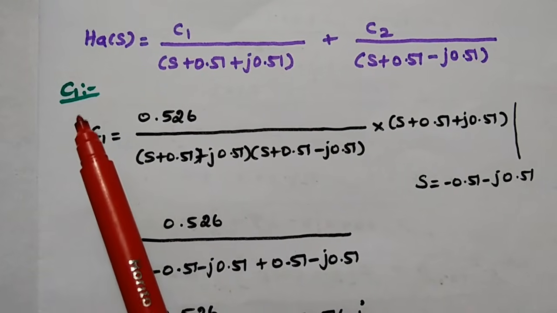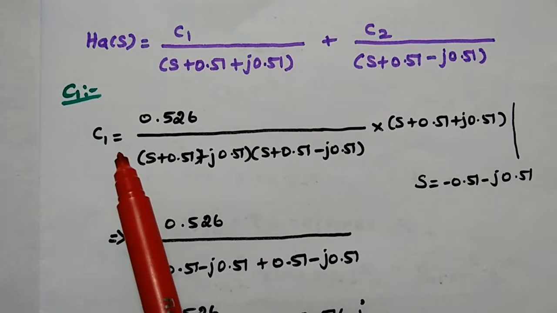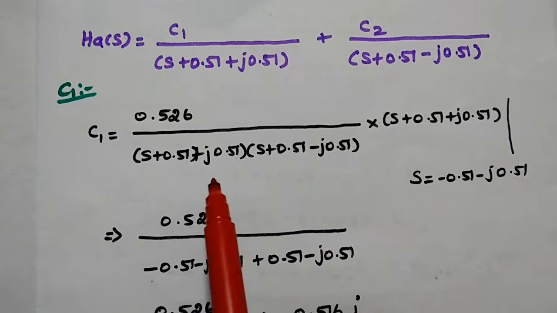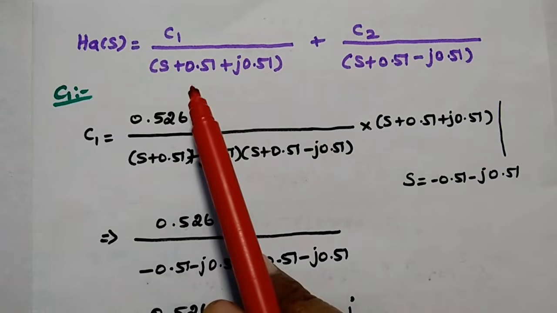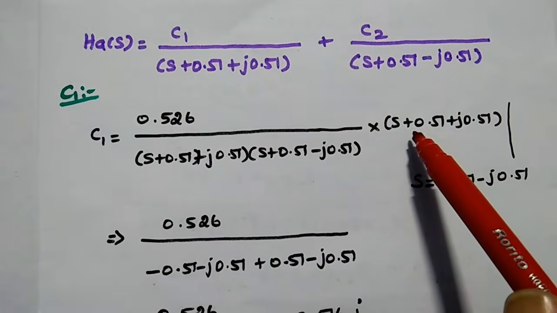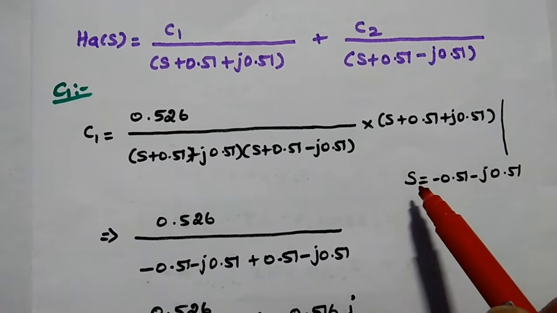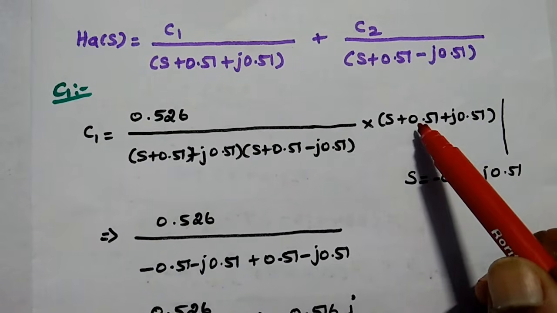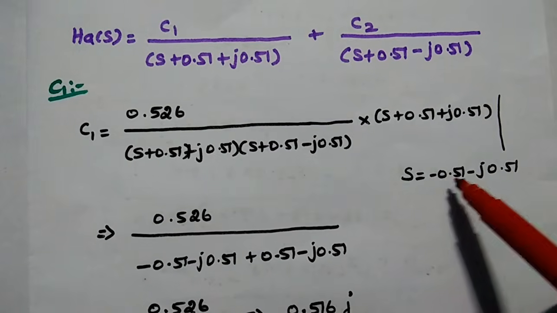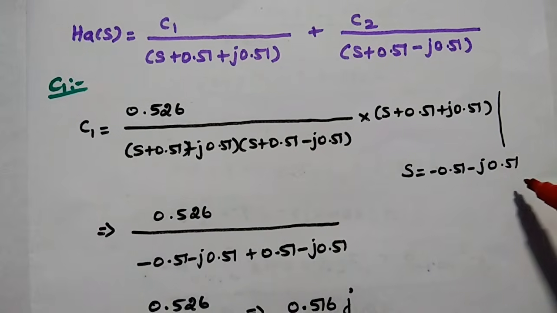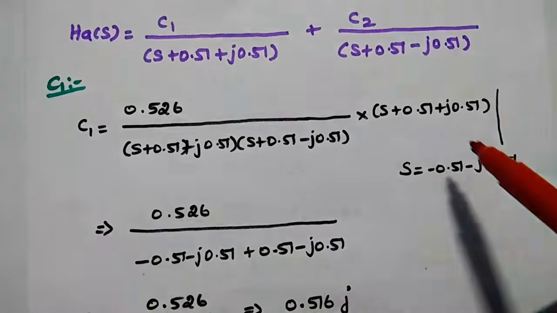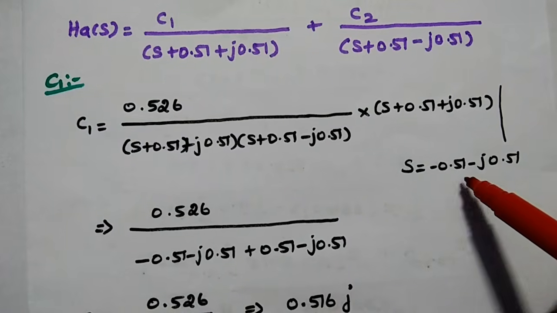So first we are going to find out the C1 value. For that we can take the transfer function as such, multiplied with the denominator of this C1, with the condition S is equal to minus 0.51 minus j 0.51, which makes this value 0. Okay, that is the condition over here.